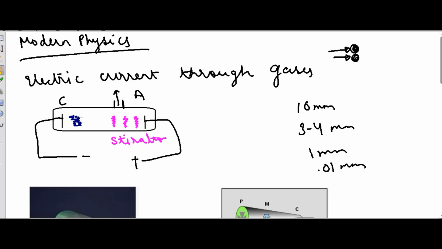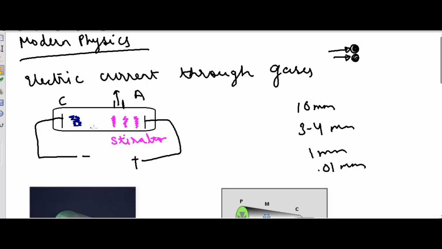So there is an average distance where they don't collide with any molecule, so there is no ionization, and so there is no glow. That is the reason for this dark space, the Crookes dark space, which is between the blue glow and the anode.